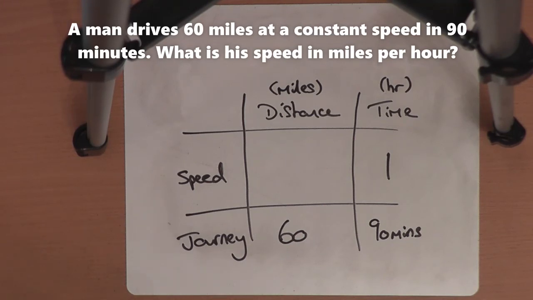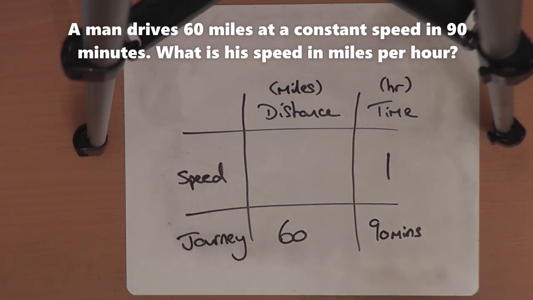But maybe we could just convert that 90 minutes into hours. 60 minutes in an hour, remember? So 90 minutes must be 60 minutes plus an extra 30 minutes, and 30 minutes is half an hour.